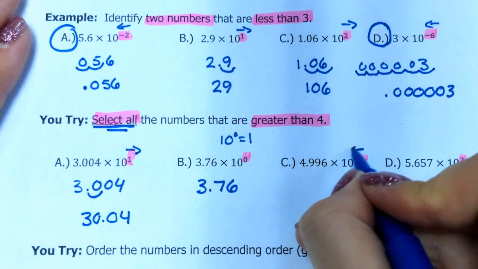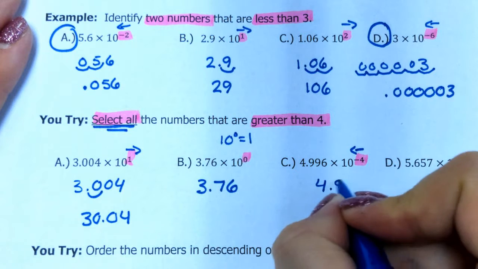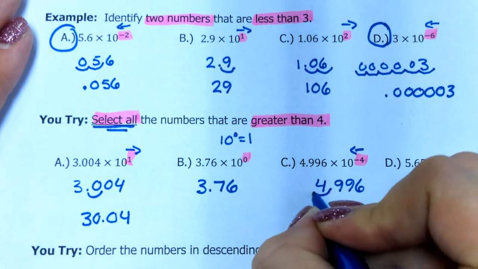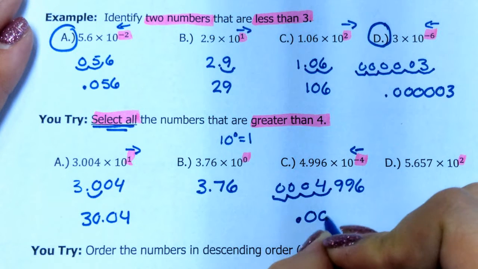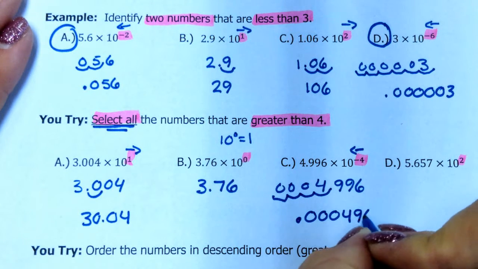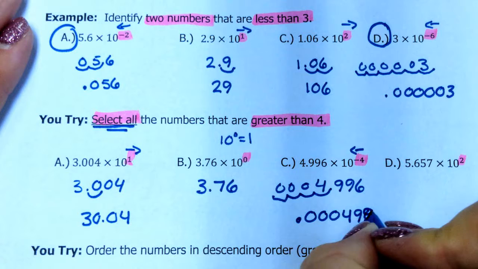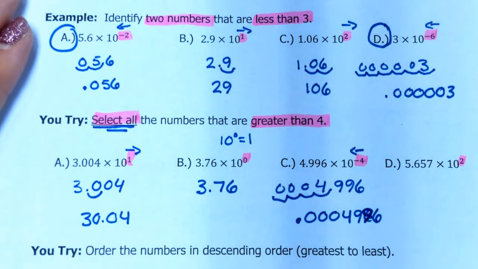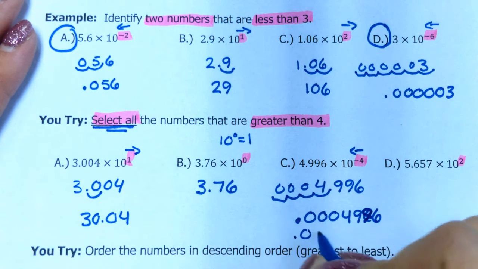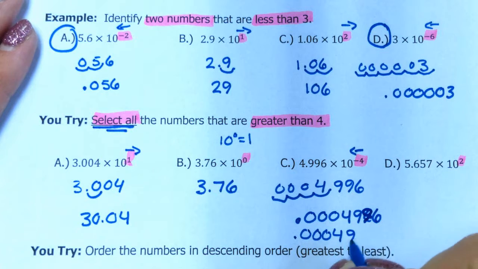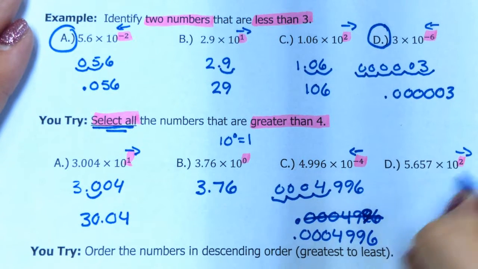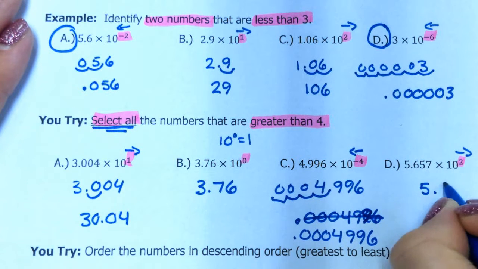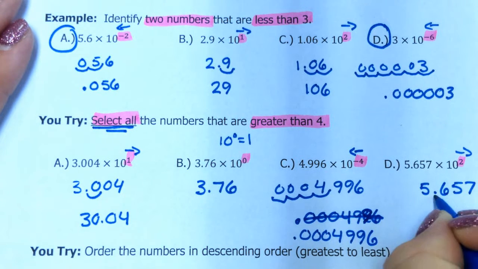So I didn't have to move it at all. This one is negative, so I'm going left. Oops, that's a 9. I'll write it one more time so you can see it. There we go. And 2 times to the right. 1, 2.